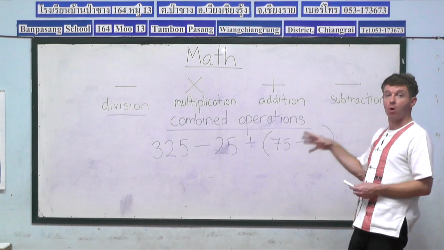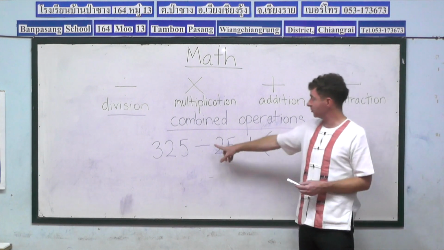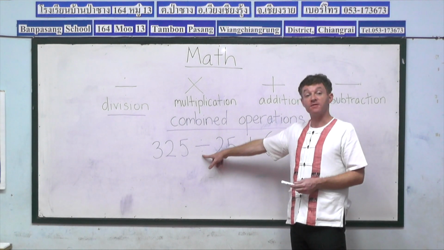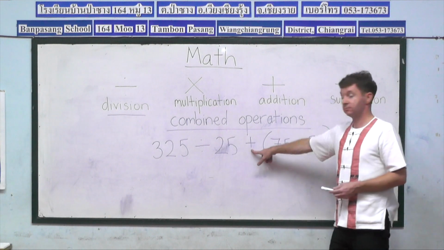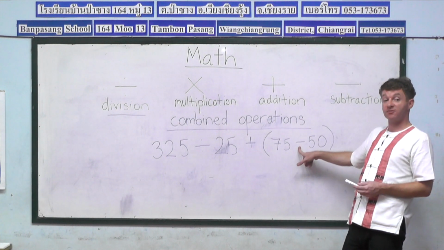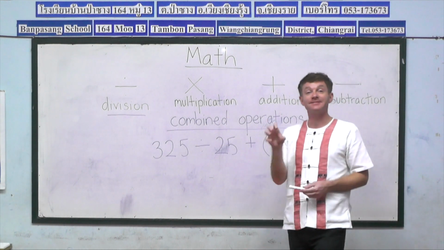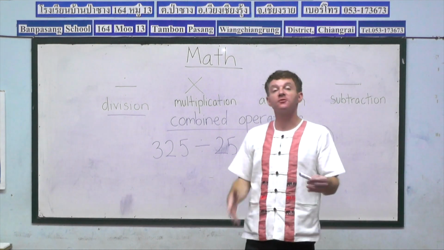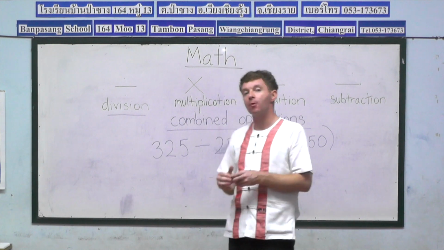This is what we call a combined operation, because we've got division, addition, and subtraction all within the same mathematical problem. That's what we mean by combined operations.